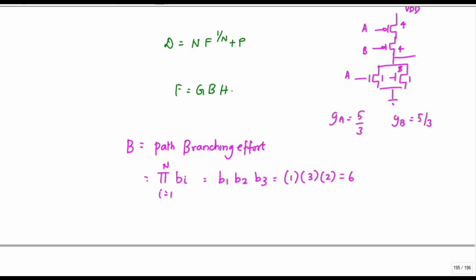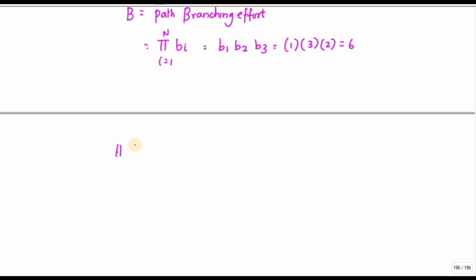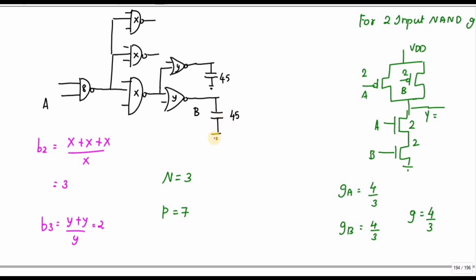What is the value of H? H is the path electrical effort, also called the fan-out effort. This is equal to C out divided by C in.